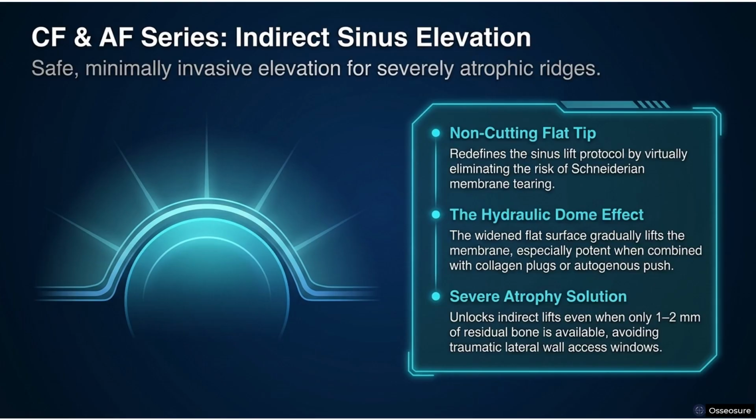Then you progress directly to your final osteotome tip. Most of the time it will be CF40. So in one osteotome tip or at the most two tips, your indirect sinus lift is complete. The chances of Schneiderian membrane tearing are virtually nil if you follow the protocols.